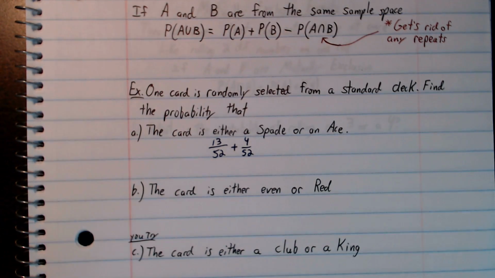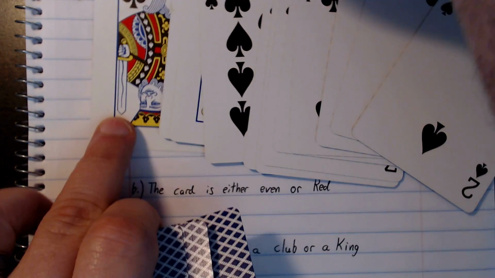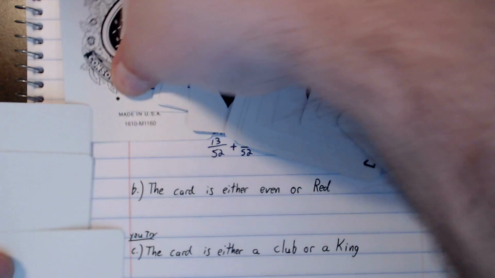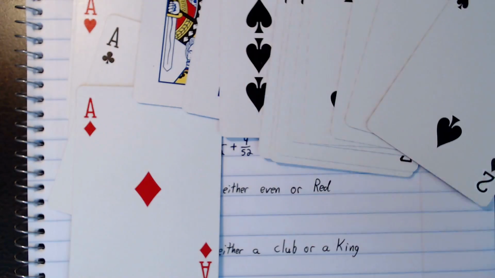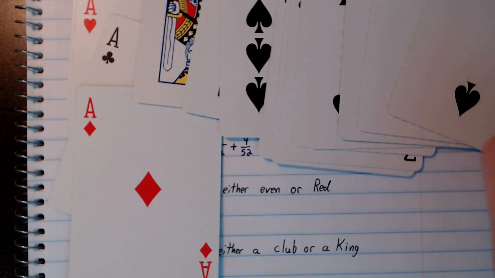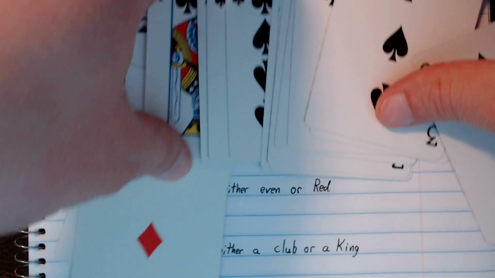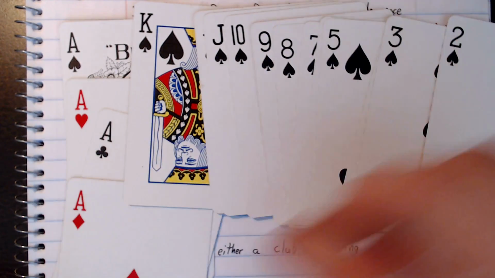But we have this situation here when we look at all these cards together, because the ace that we're really interested in falls into these two categories. Let me lay that back out again.